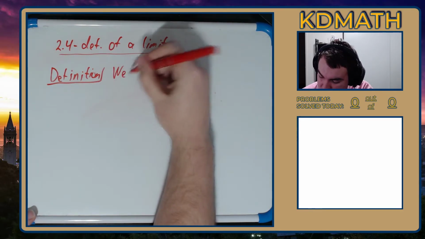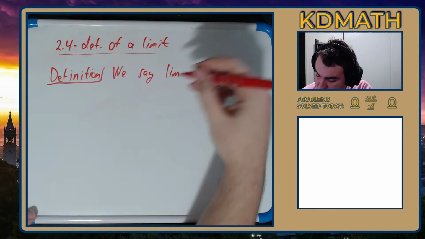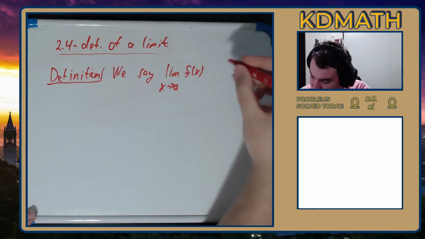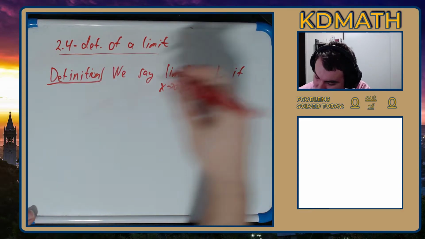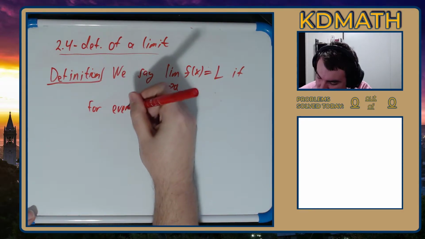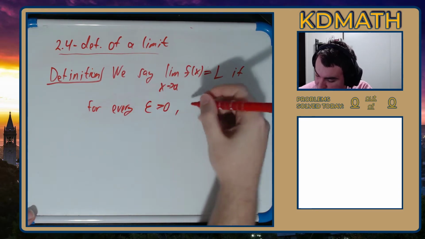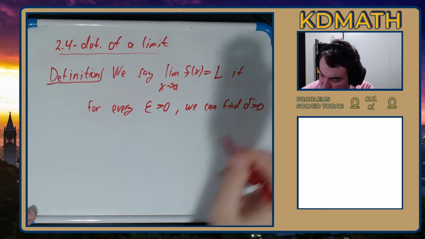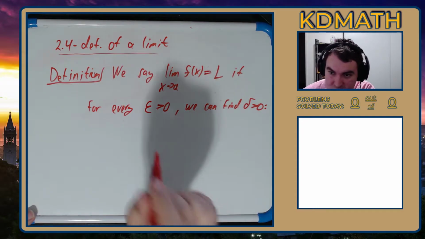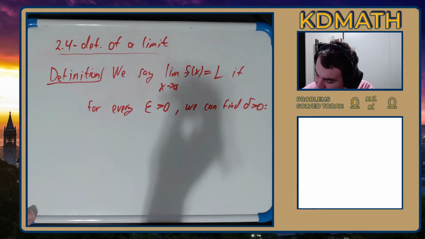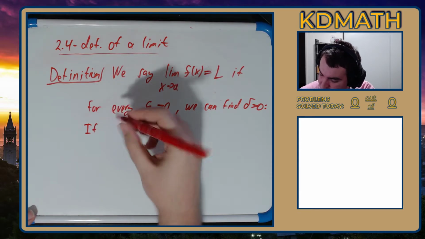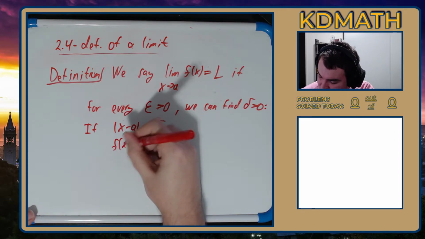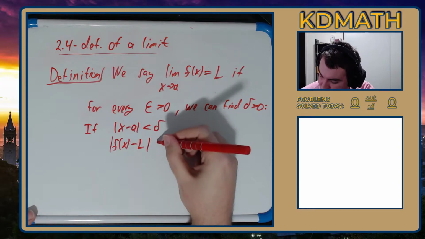We say the limit as x approaches a of f(x) equals L if for every epsilon greater than 0, we can find a delta greater than 0 such that (colon usually in math means "such that") if |x - a| < delta, then |f(x) - L| < epsilon.